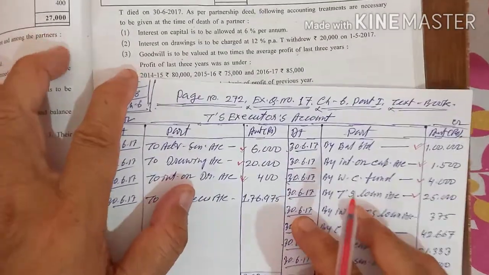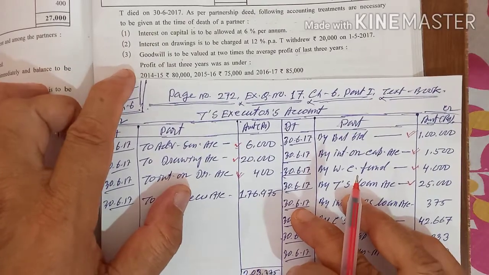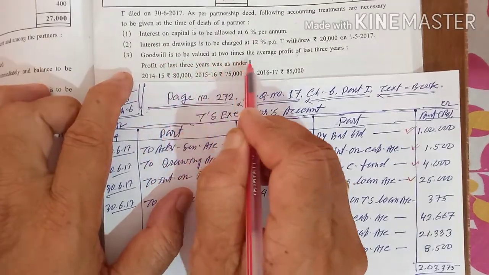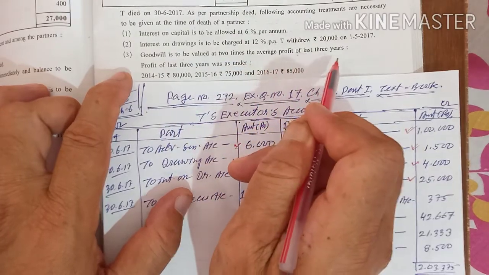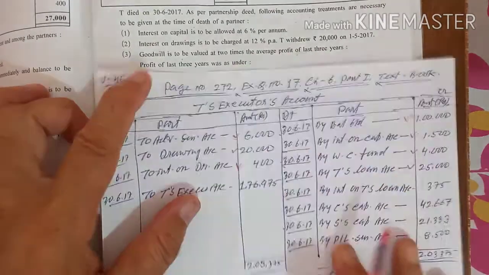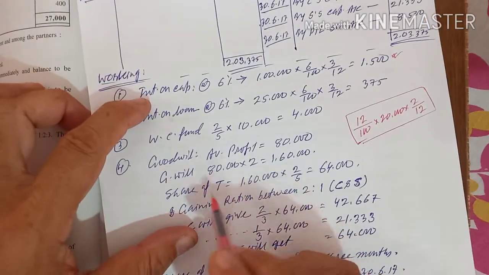It is over. Next is the goodwill. How to calculate the goodwill? It is given that goodwill is to be valued at 2 times the average profit of the last 3 years. The last 3 years' profits are given as 80, 75 and 85. First, let me find out the average profit.